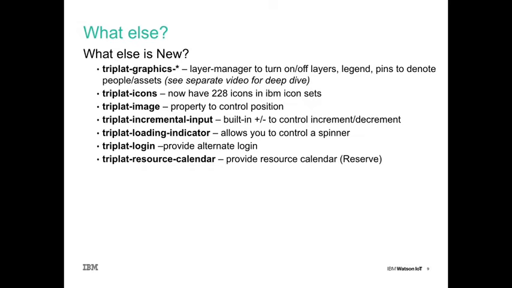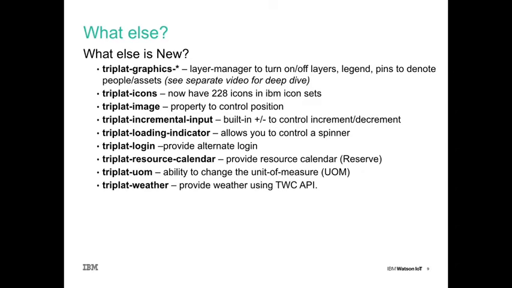We have a TriPlat resource calendar, which provides access to the reserve resource calendar. We enhanced TriPlat UOM to now give you the ability to not just see the unit of measure, but you can actually change the unit of measure. And we have a new component, TriPlat Weather, which provides weather using the Weather Channel API.